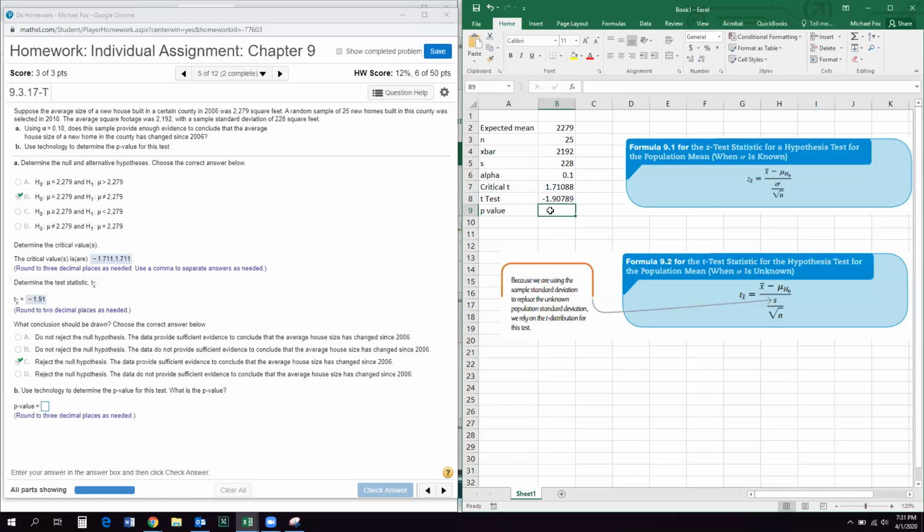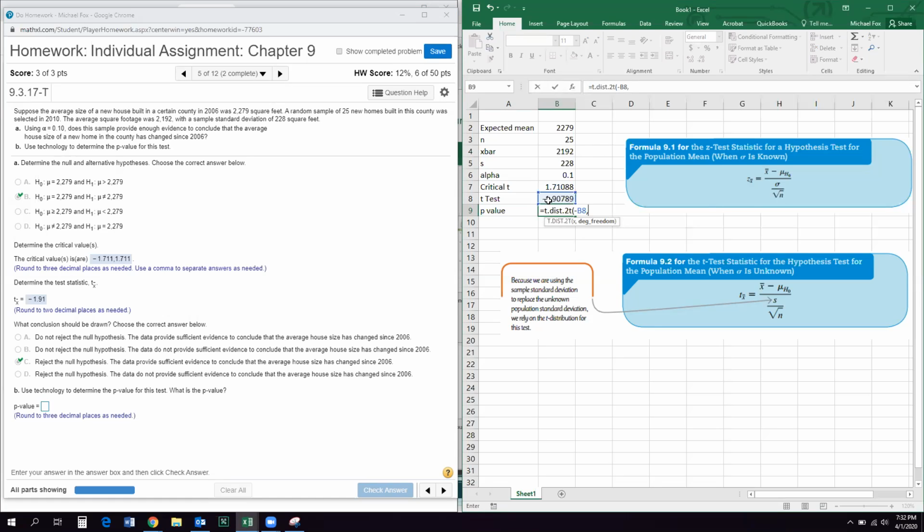So I just have to do equals T.DIST.2T. And then for my x, I'm going to have to do a negative of that value. So in other words, it's going to make it a positive. You could also use absolute value if you wanted. It wants the positive value of that, otherwise it's going to return an error.